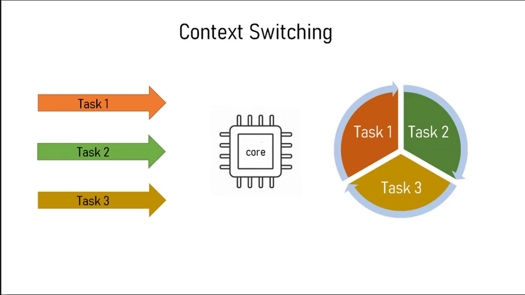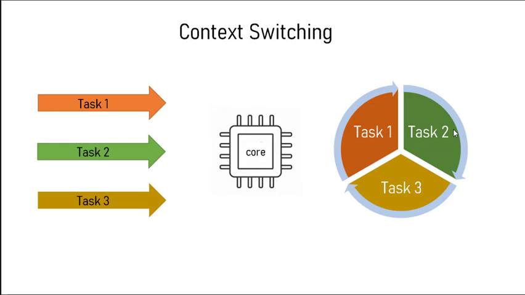In order to explain this, say we have a number of tasks, but we have only one core. We want to run all the tasks on that particular core. So what we'll do is take a task. The core performs task 1 up to a certain limit, say for example 50%. Then for a moment it pauses task 1 and moves to task 2.